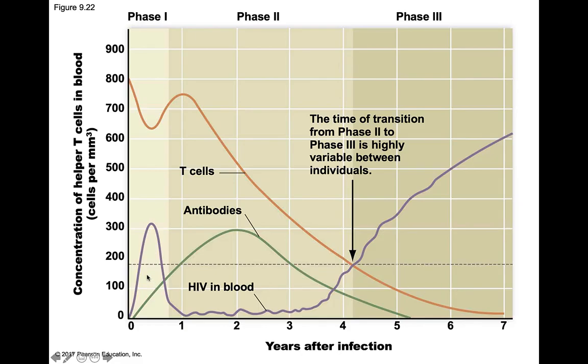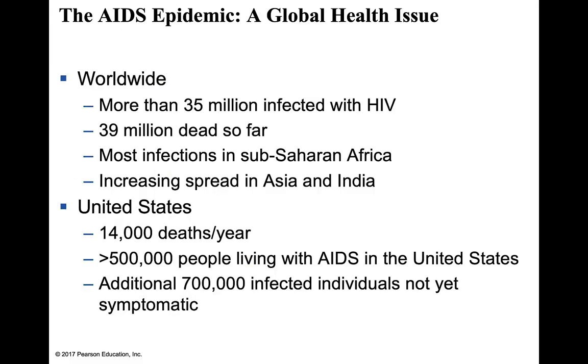And here we're looking at the amount of virus in blood. It's high up in the beginning, but notice the antibodies. Eventually the antibodies start to fall, T cells fall, and then we start to see a significant rise in the actual virus. This is a very variable timeline and is definitely patient dependent.